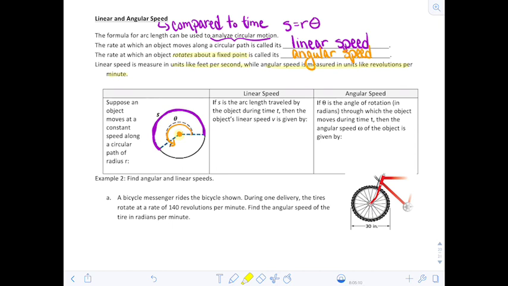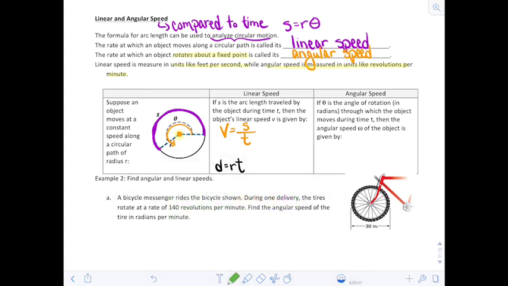Okay, so looking at this example, for linear speed, if s is your arc length traveled by the object during time t, then the linear speed, which we're going to call v, is given by arc length divided by time. One thing I referred to in class was that you probably remember distance equals rate times time. Well, this is the exact same formula, they're just using different variables.